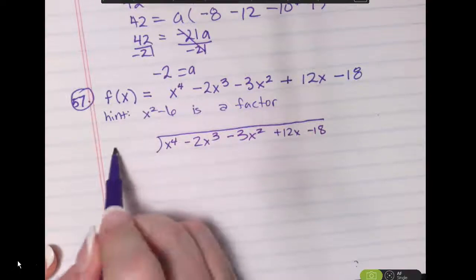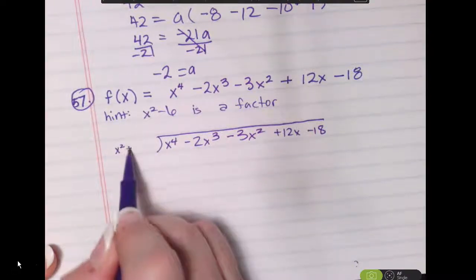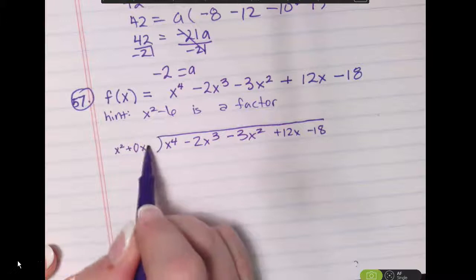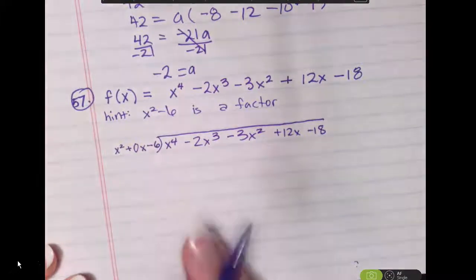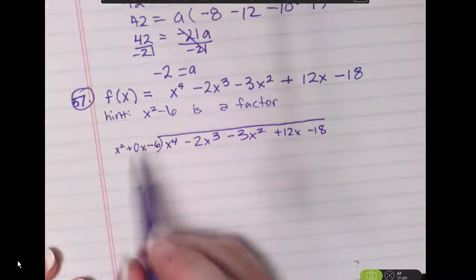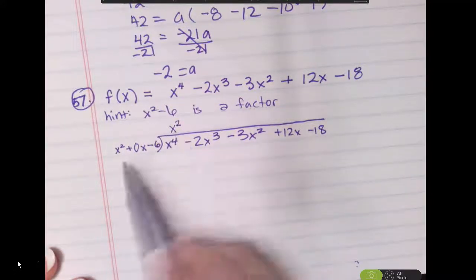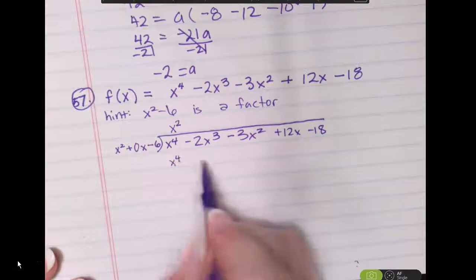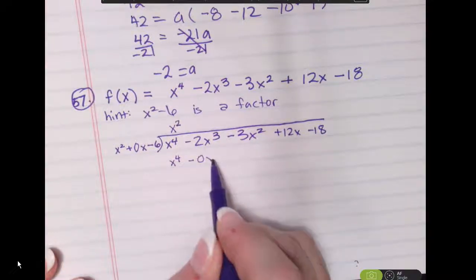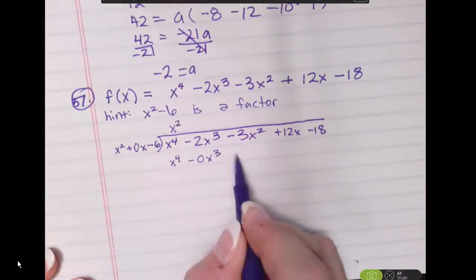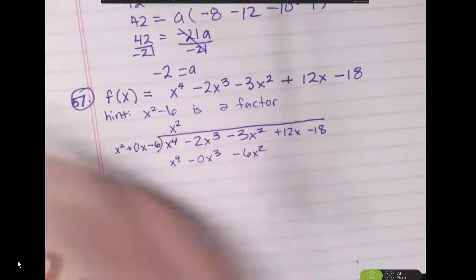And remember, guys, this is where you actually need a placeholder in your divisor. So there we go. x squared into x fourth is x squared times x squared is x to the 4th minus 0 x cubed minus 6x squared.